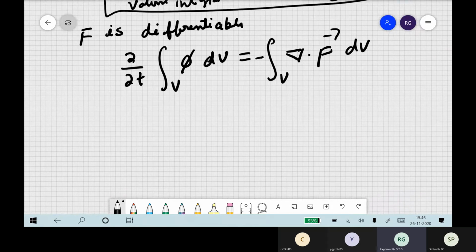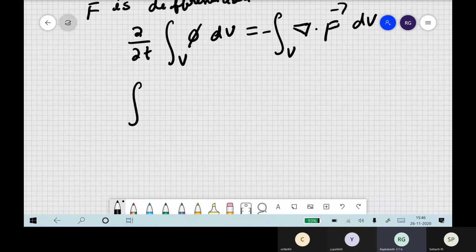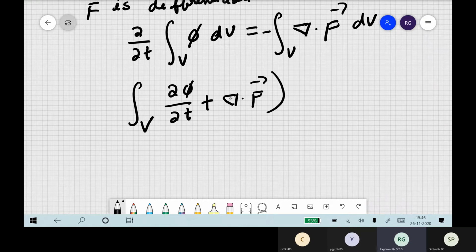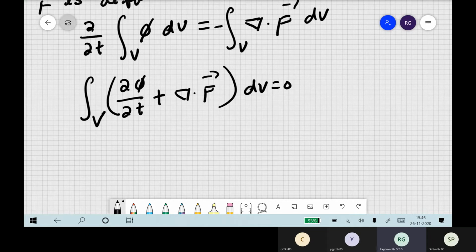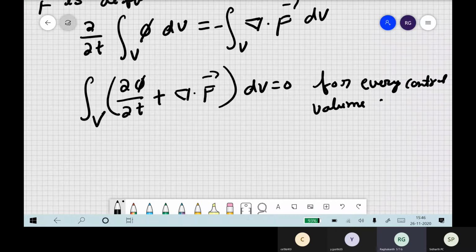Both are the same volume integrals, so we can write everything in one go: ∂phi/∂t plus del dot F, integrated over the volume, is equal to 0 for every control volume.